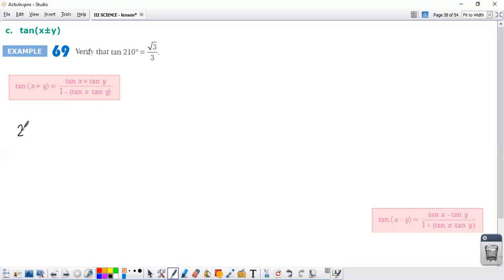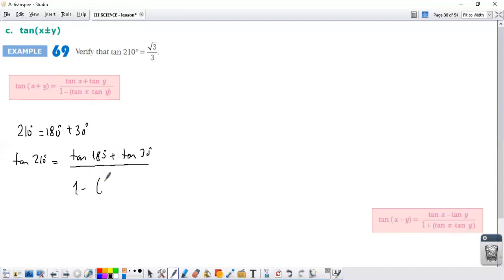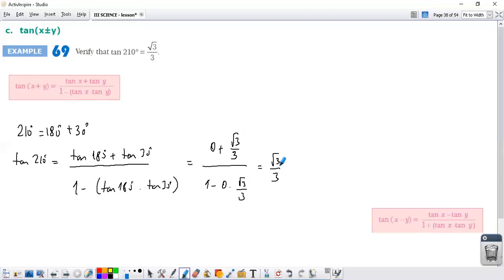So by splitting 210 into 180 and 30, tangent 210 degrees is equal to tangent 180 degrees plus tangent 30 degrees over 1 minus tangent 180 degrees times tangent 30 degrees, by the formula. That is tangent 180, which is 0, plus root 3 over 3, over 1 minus 0 times root 3 over 3, and we will get for tangent 210 degrees root 3 over 3.